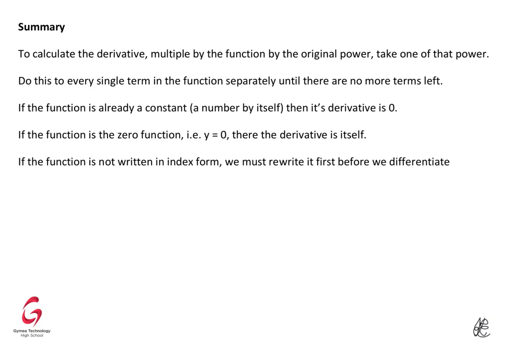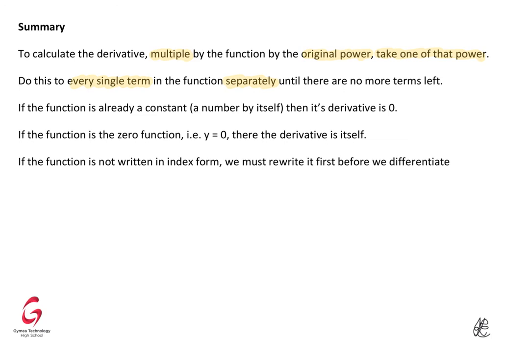So our basic differentiation pattern is that we will always multiply that entire function by the original power and take one away from the power. We do this to every single term in that function separately until there are no more terms left to differentiate.